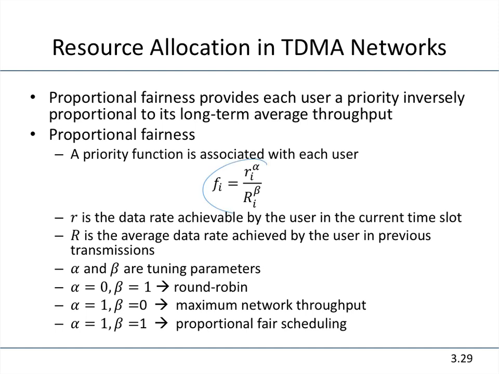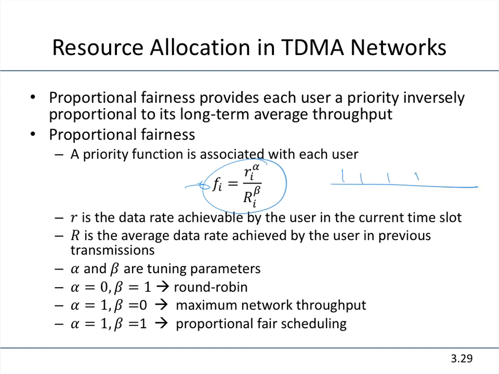Another class of heuristic techniques is to check this ratio for all the users, and then assign the time slot to the user with this maximum factor or maximum metric. So what does this metric represent? This is TDMA, right?